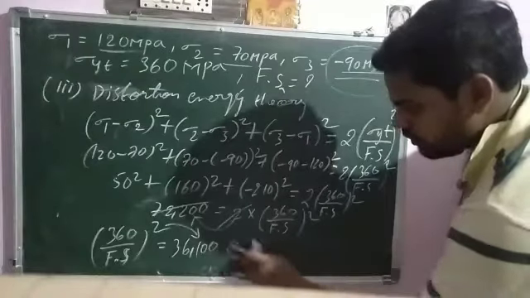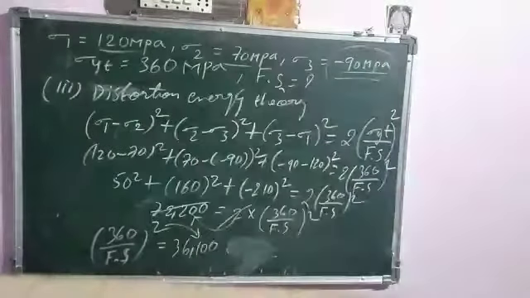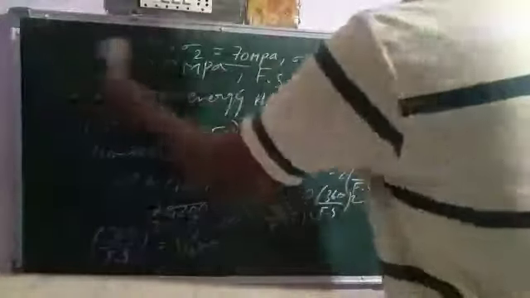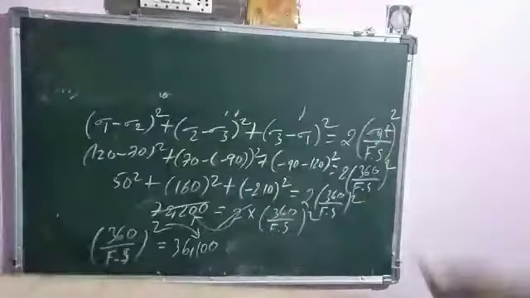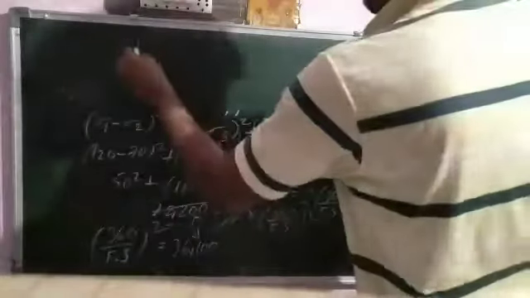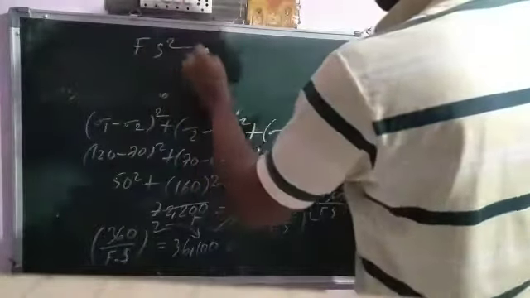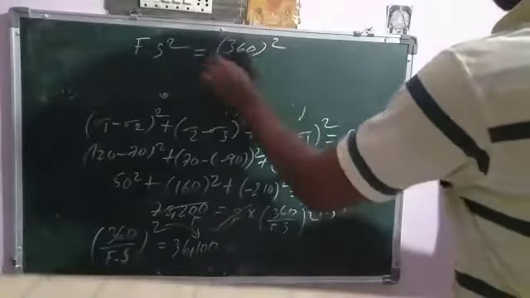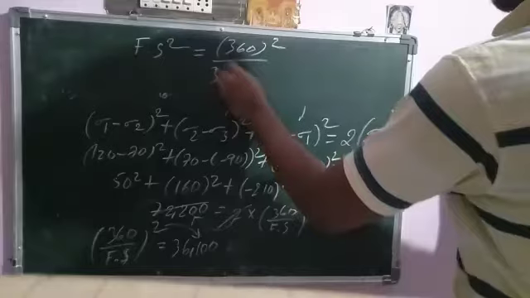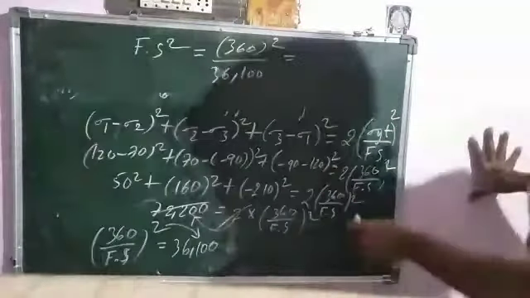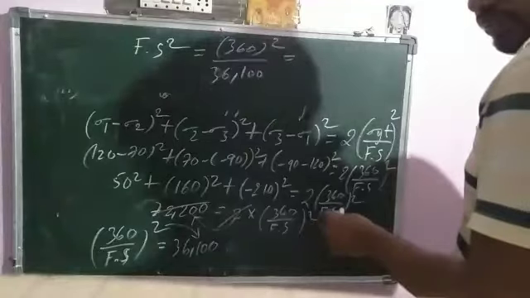Or you can say it in another way, you can simply do it like this. Factor of safety whole square is equal to 360 whole square divided by 36,100. So solve these terms. 360 whole square, how much?